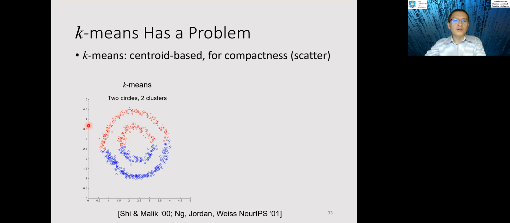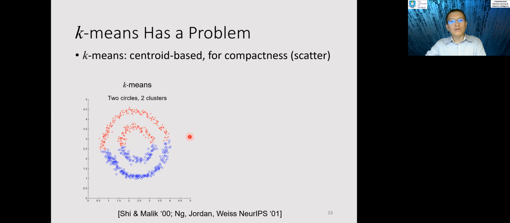For example, here are two circles, which naturally form two clusters. But k-means cannot separate these two clusters. Instead, it will determine a more linear separation of the two clusters.